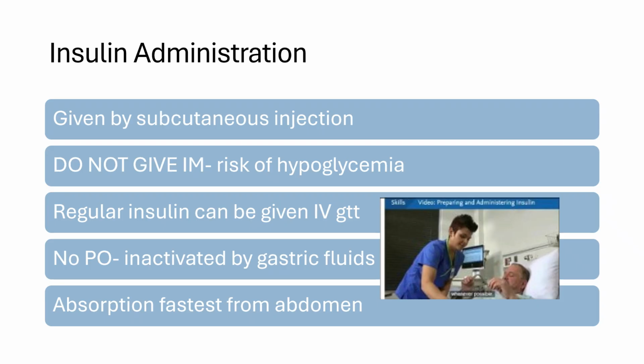We're literally taking Accuchecks like every 15, 30 minutes so that we can turn around and change the dosage as needed. No PO, inactivated by gastric fluids. And like I had said, the absorption is fastest in the abdomen.